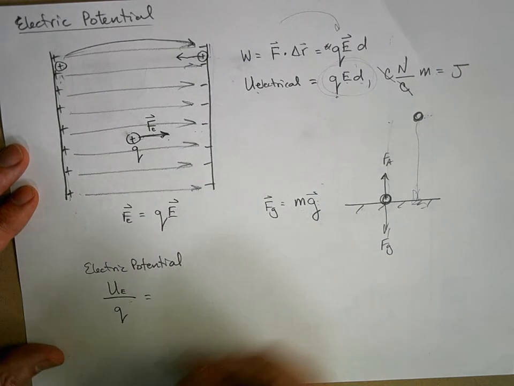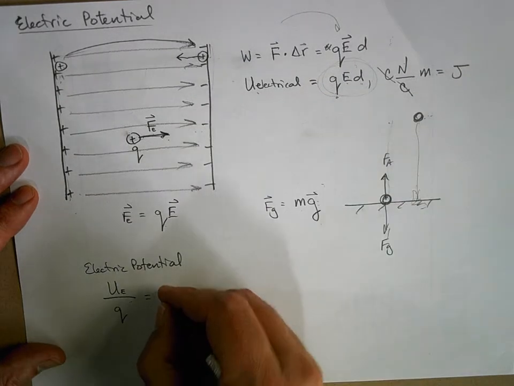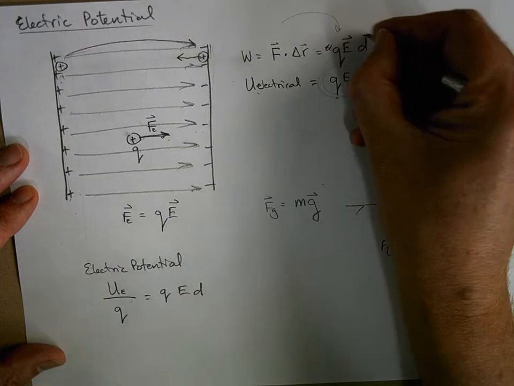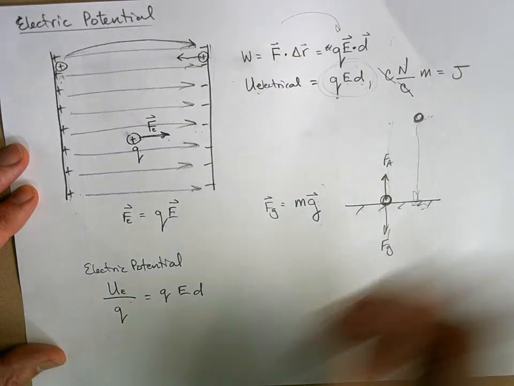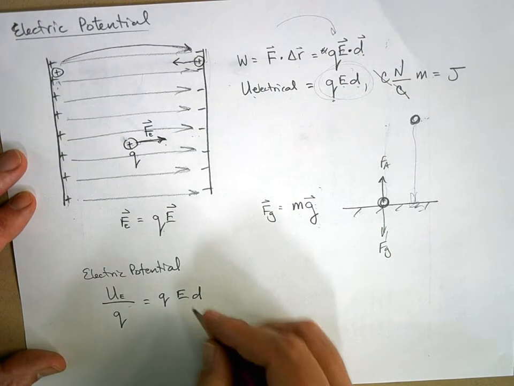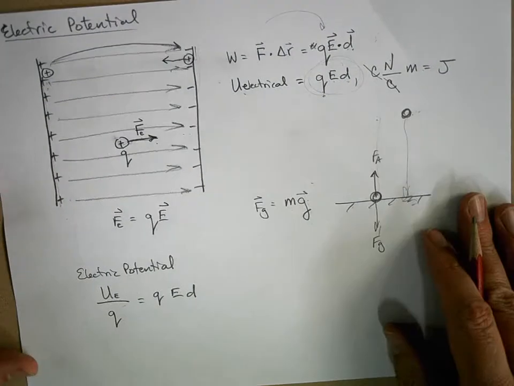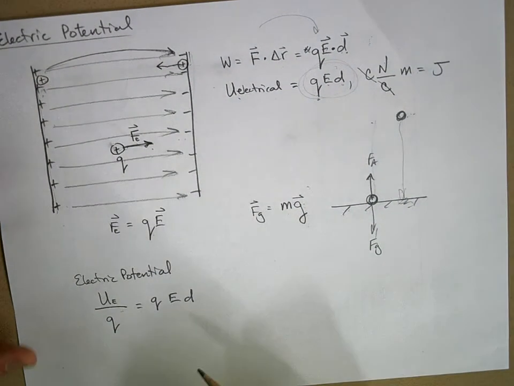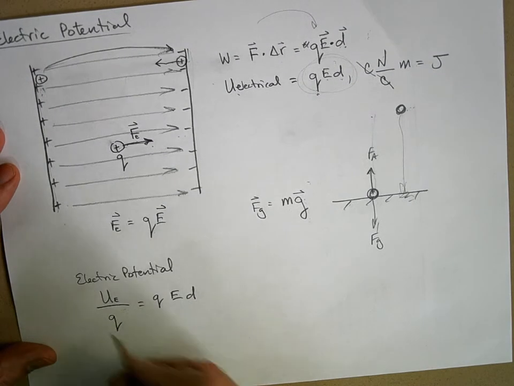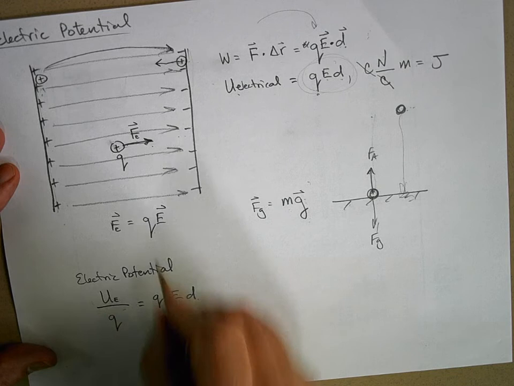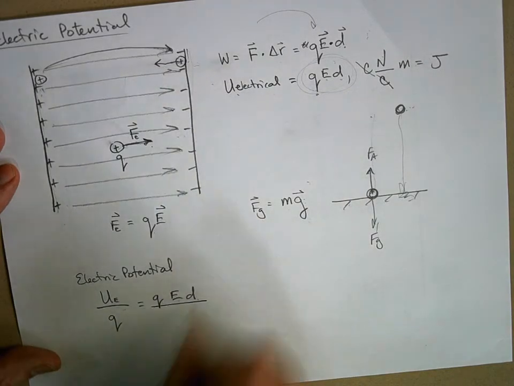That's equal to Q E times D. Remember, this displacement is a vector as well. I'm not going to worry about that though, because I'm just going to say the electric field and the distance across the plates are in the same direction. So the electric potential energy is the charge times the field times the distance across the plates. And then I'm going to divide that by Q.